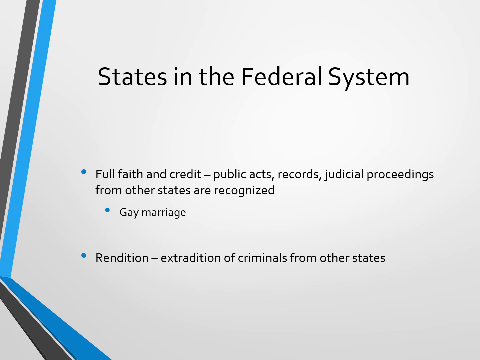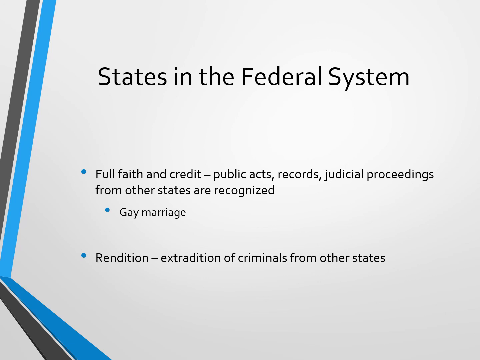Now, the next one that I would talk about is called rendition, and you've probably never heard of this particular term. It just means that if a person commits a crime here in Texas, say in Nueces County, and he flees up to Oklahoma, the person has to be tried here because Nueces County has jurisdiction since the crime was committed here.